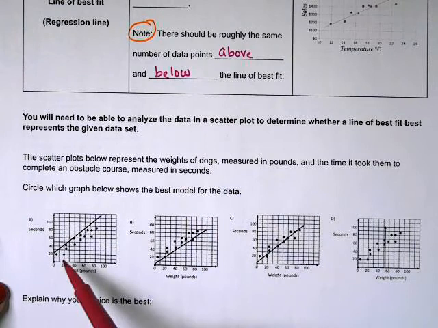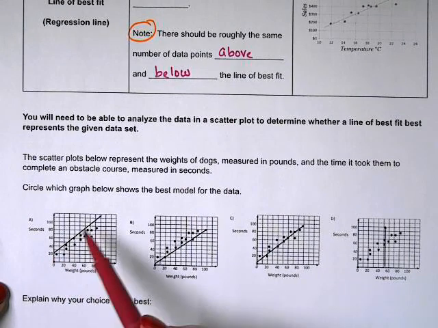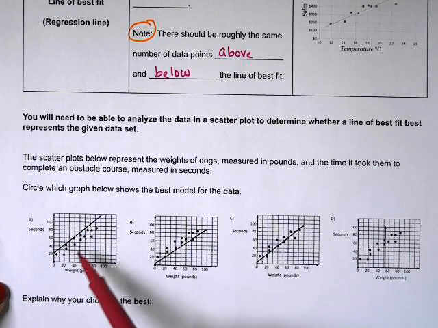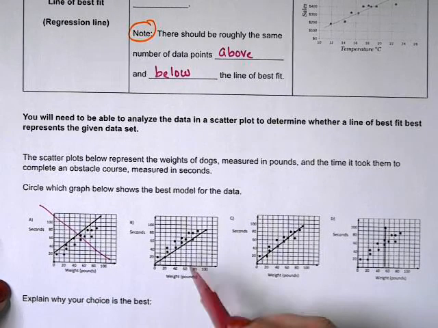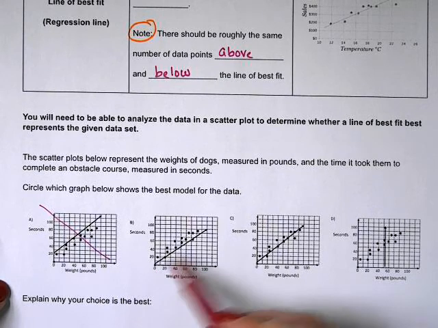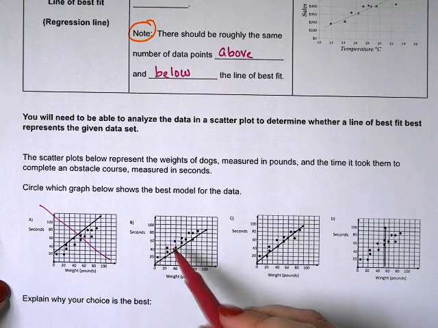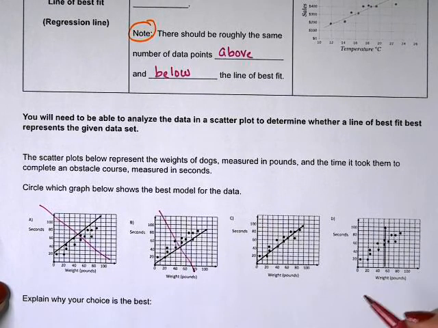If we look at this first graph, this line is above all of the data points. And so what that means is if we were to use this line, it would be an over prediction of everything, right? It's above all of these points, so that would not be a good choice. This one would also not be a good choice because this line is below a lot of the data points, right? It goes through two of them and everything else is above it. So this is a really bad estimate also.